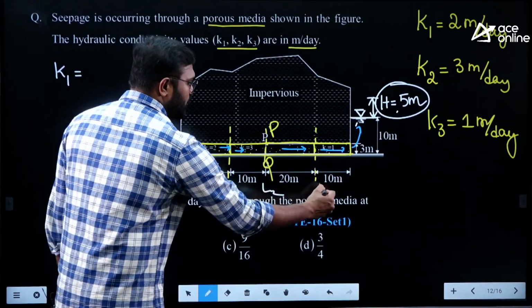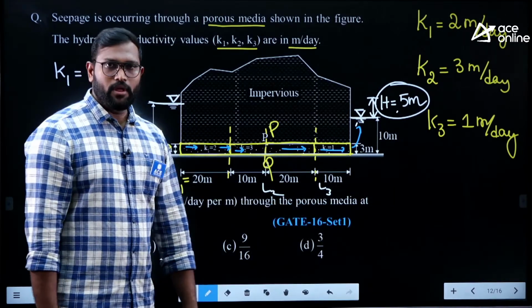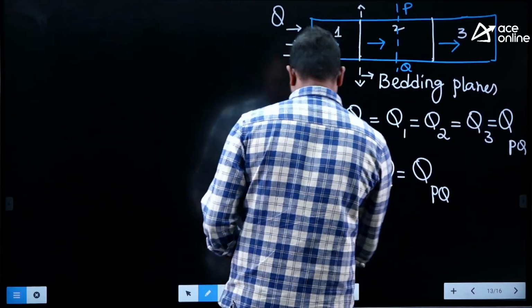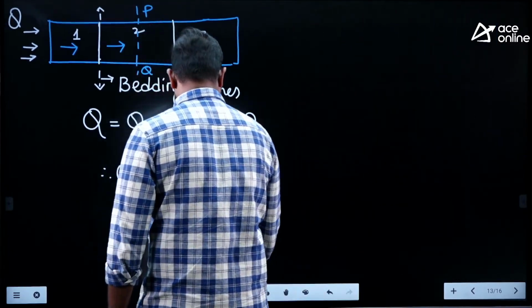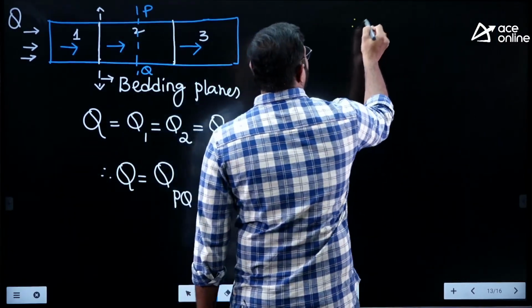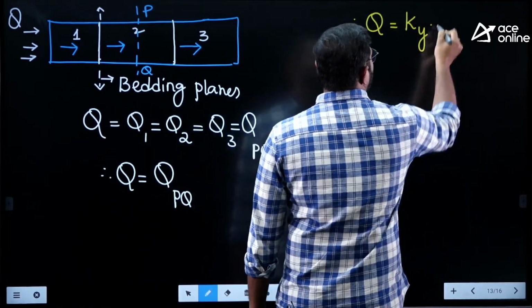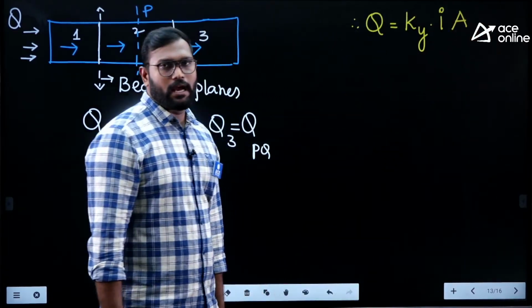L1, L2 and L3. Whatever the total flow rate is, it is nothing but flow perpendicular to bedding planes, total i and total area.